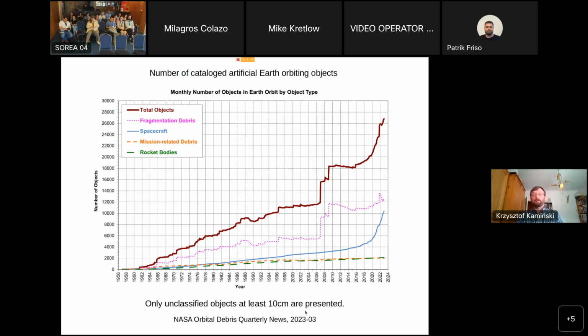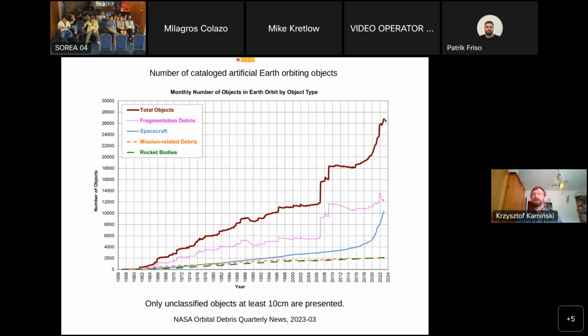Smaller ones are not regularly tracked. So here we can see a steady growth of the number, with some jumps because of fragmentations, like collisions or deliberate weaponry tests. But in recent years, we can see a rapid increase in the number of satellites.